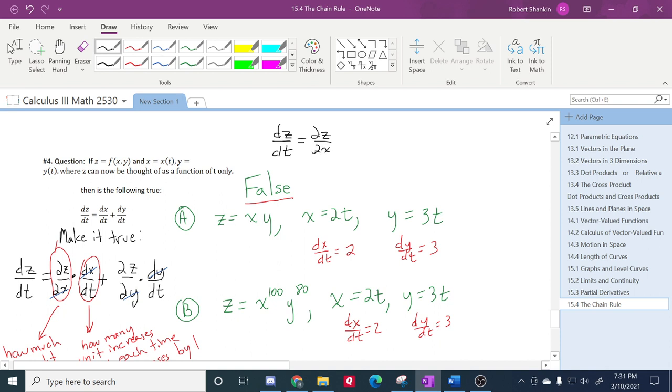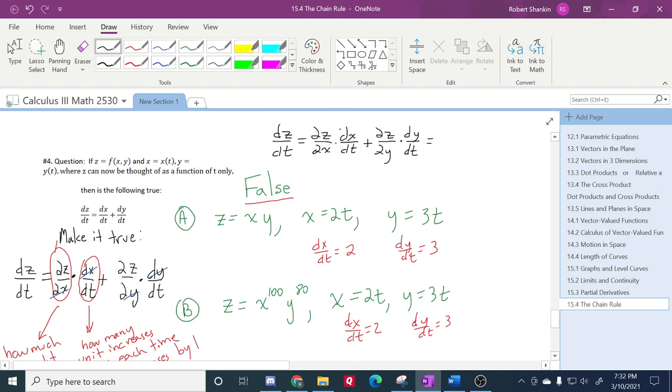How sensitive is z to a 1 unit increase in x? And how many 1 unit increases in x will be spawned by t increasing by 1? How sensitive is z to a 1 unit increase in y times how many 1 unit increases there are in y?